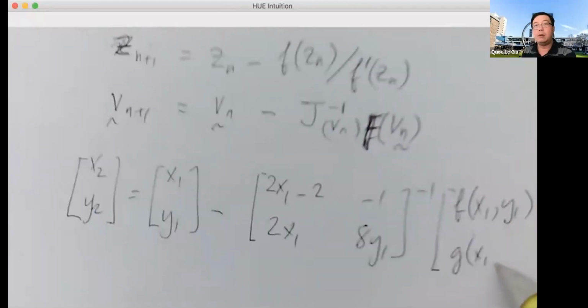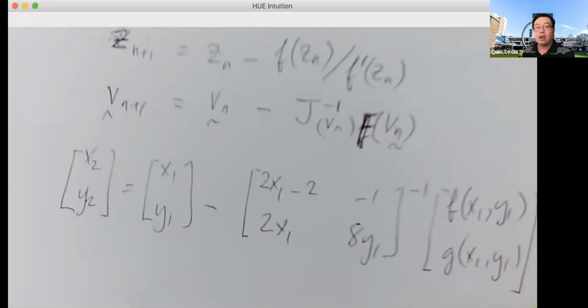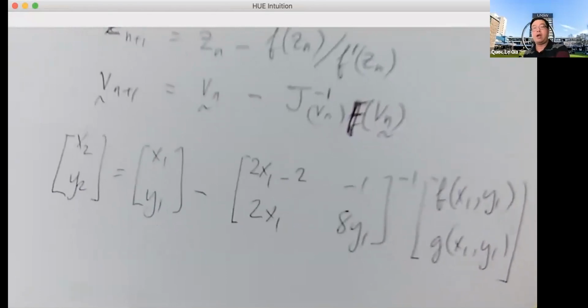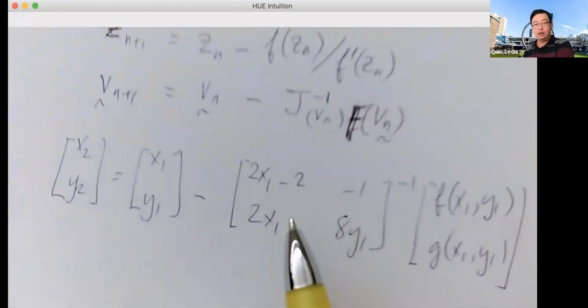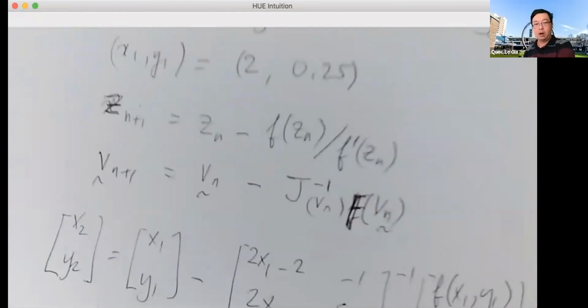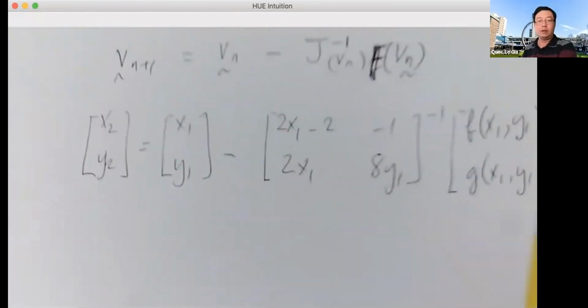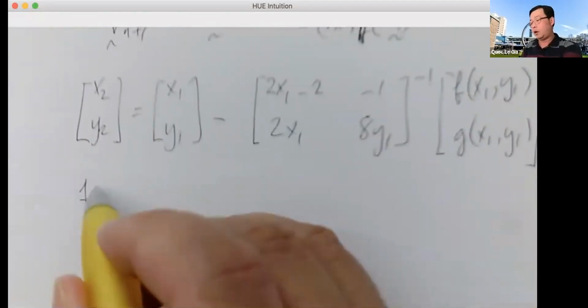And now we have to compute each element, but x1 is given, y1 is given. So what is f of x1, y1?